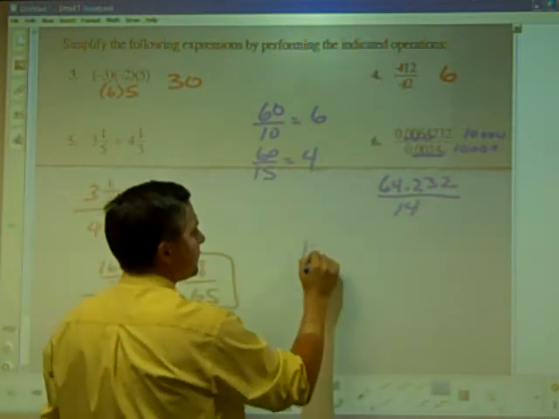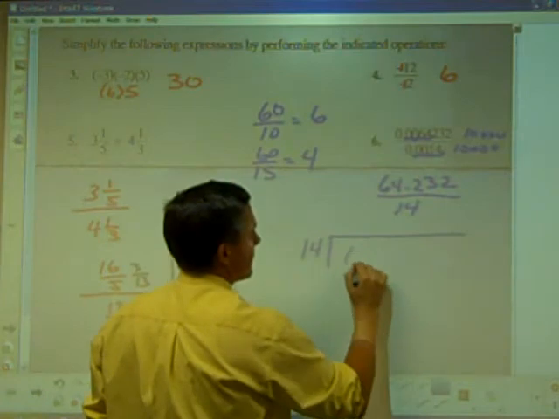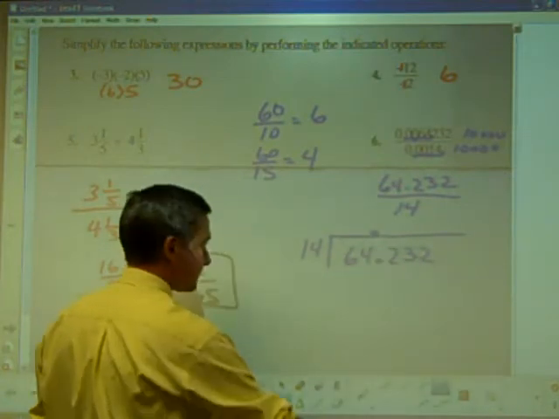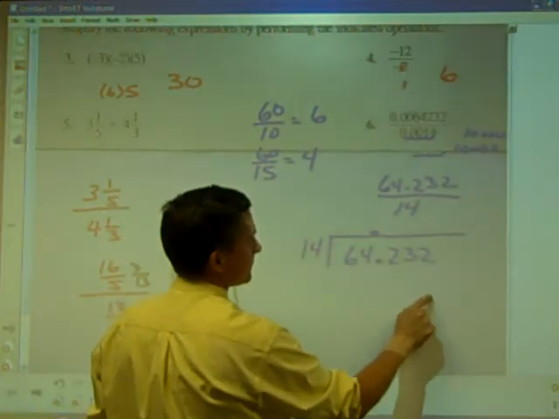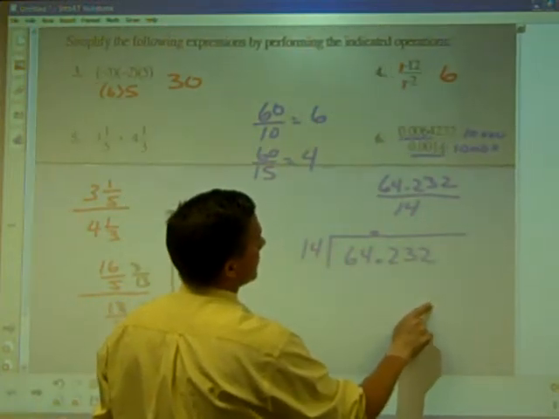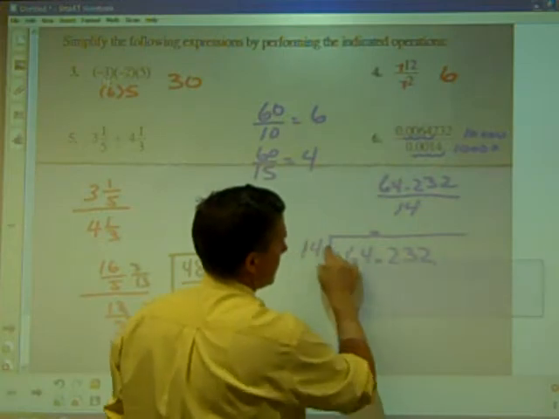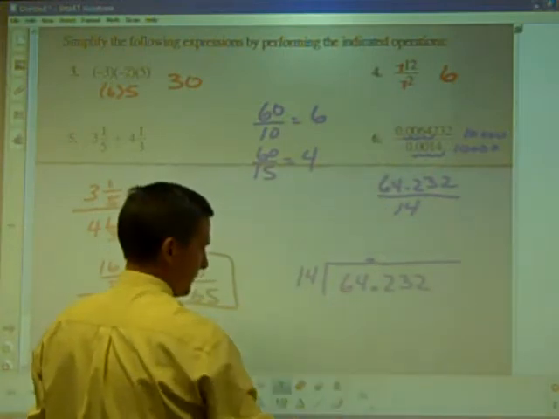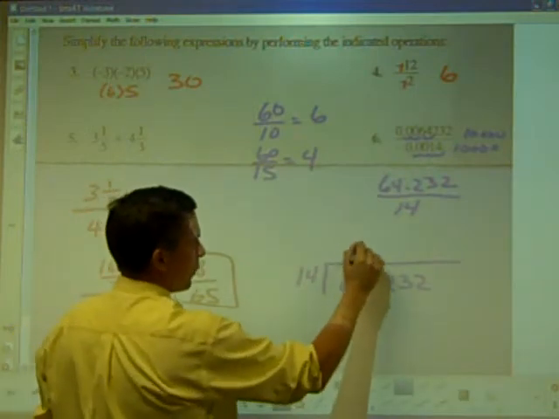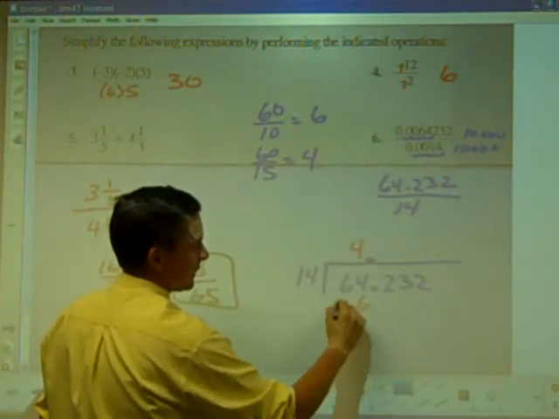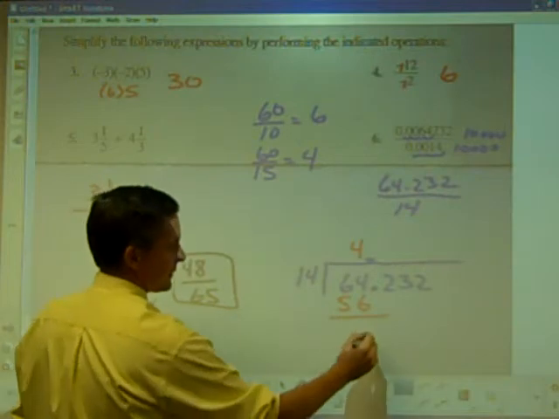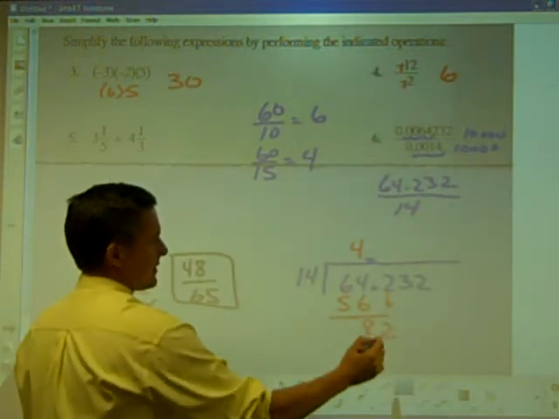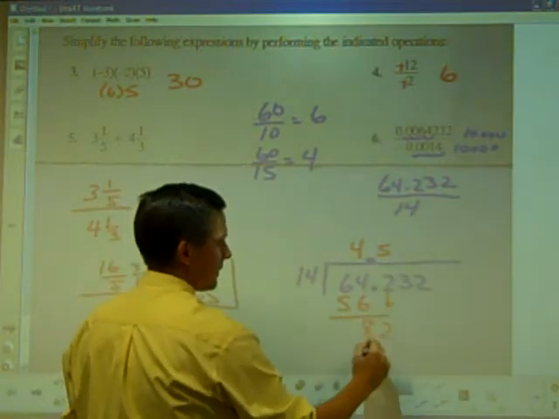I will now set up and do the division. If I start by doing the division, and I move it down the board a little bit, I think it's 4. 4 times 14, and again, Mr. Anderson's fairly well practiced at this, 82. 5 would give me 70. I think that's right.